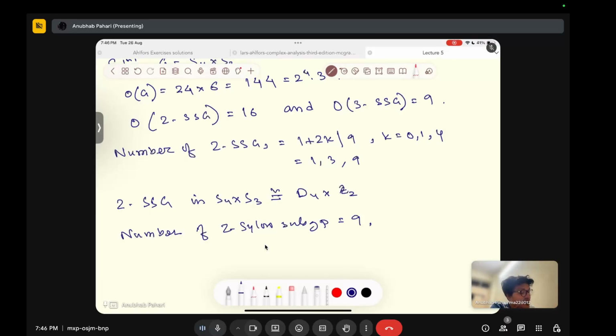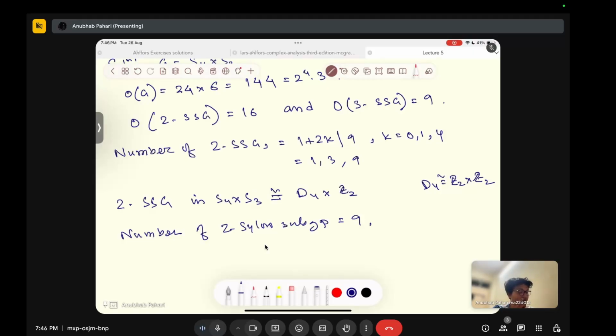So D4 is of the form Z2 cross Z2, right? Because it has a two rotation group and two cyclic group. But sir, D4 is non-abelian and Z2 cross Z2 is abelian.